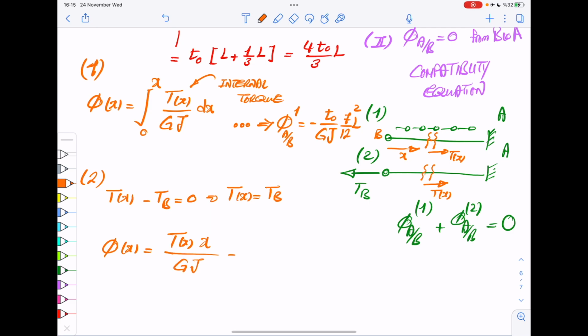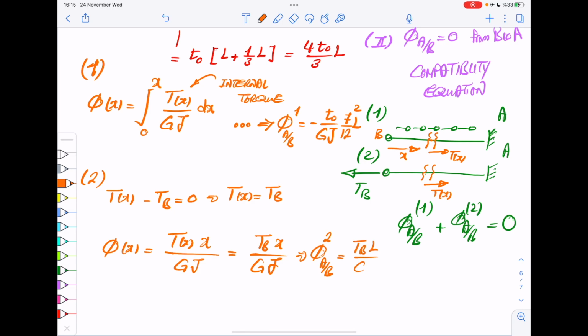Which in this case would be simply Tb x over GJ, right? And if x is L, then we talk about point A. So at A, phi A with respect to B for system 2 is then Tb L over GJ. Okay?